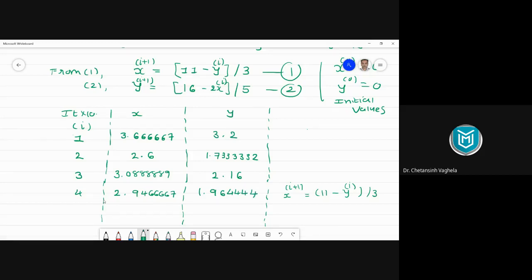Right? So this is the value in the fourth iteration. Similarly, try to do it for the fifth iteration also.